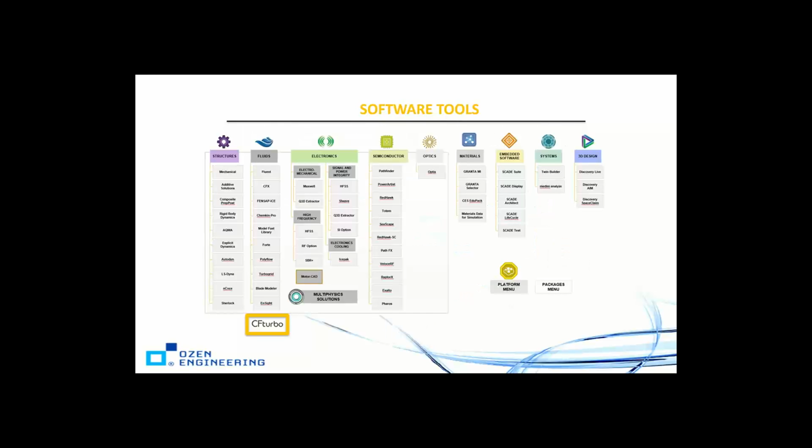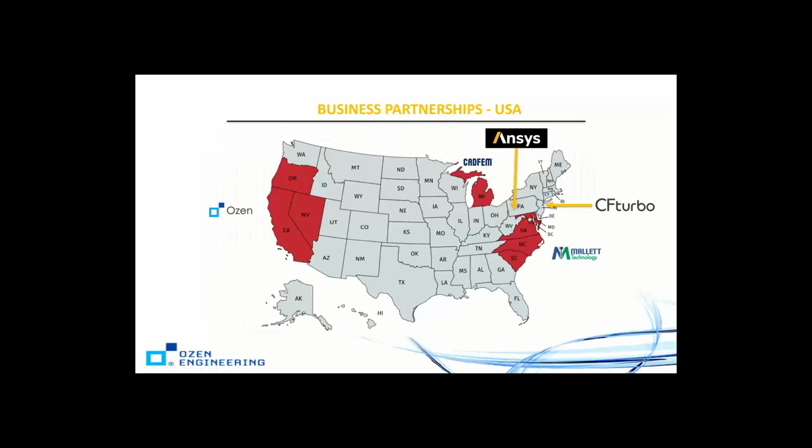Among the software tools, Ansys has structures, fluids, electronics, high frequency, low frequency, optics, a materials database, and what we call Twin Builder tools. Those are the primary tools.